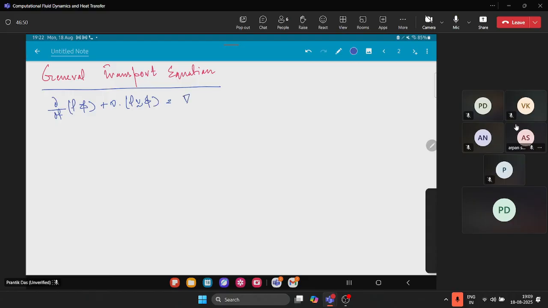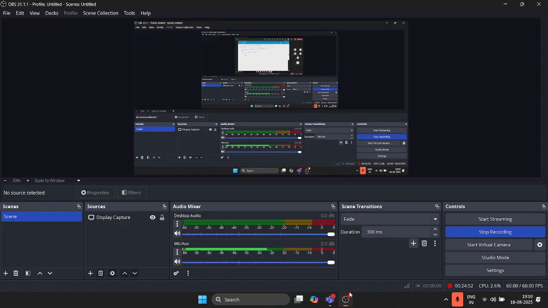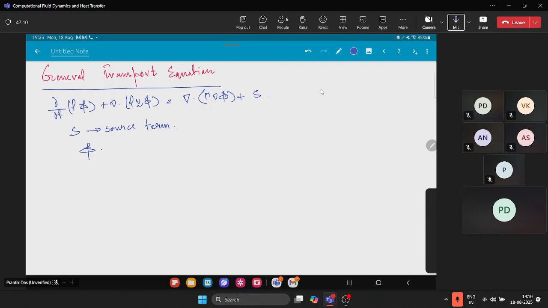Okay. As we have discussed earlier, if I go to the format of the general transport equation, it is basically d/dt of rho phi plus del dot rho v phi equals del dot gamma grad phi plus S. S is the source term and phi is the scalar quantity.